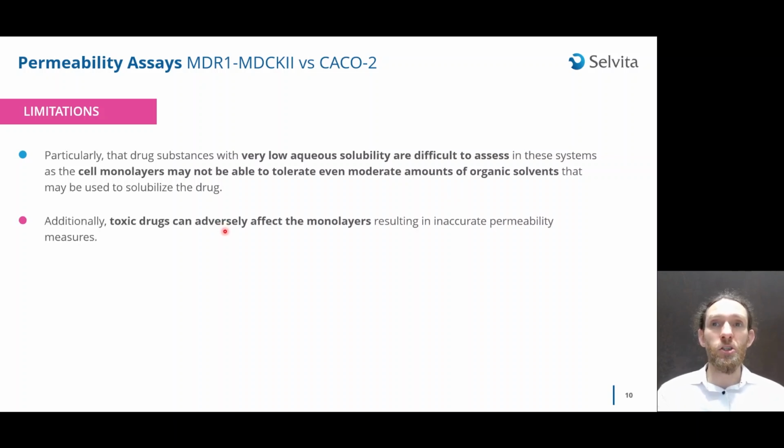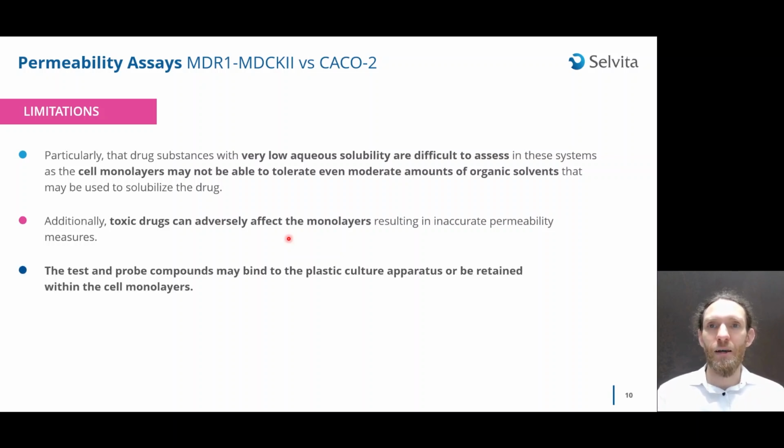Additionally, any toxic drug can affect the monolayers. So any cytotoxic drugs can disrupt the readout, disrupt the assay. Also, test and control compounds can bind to plastic culture apparatus and be retained within the cell monolayers. That will also affect the final readout.